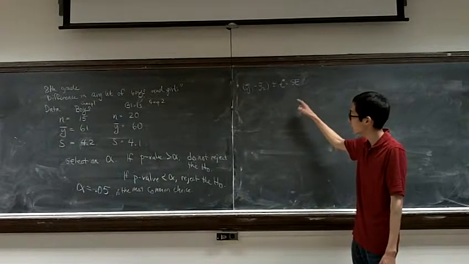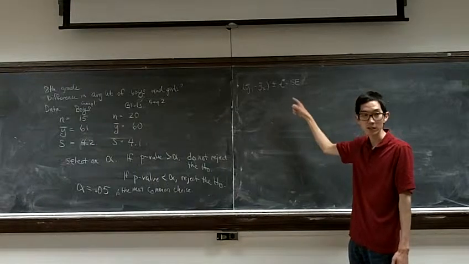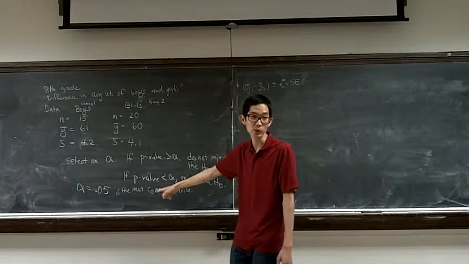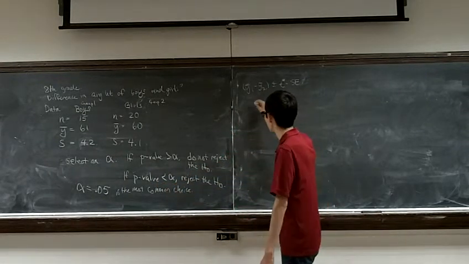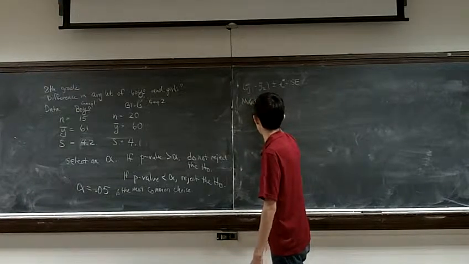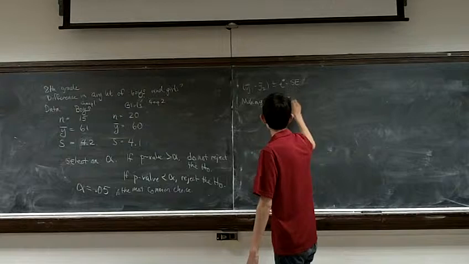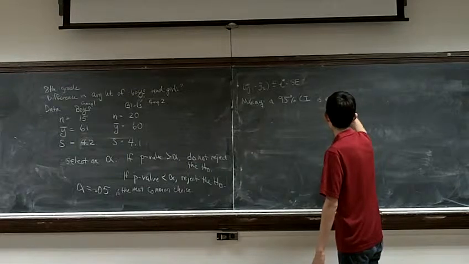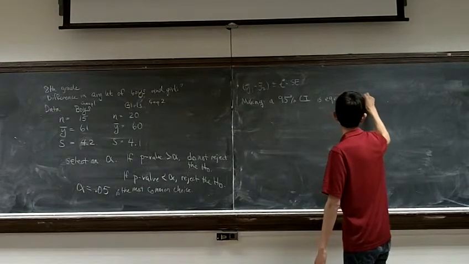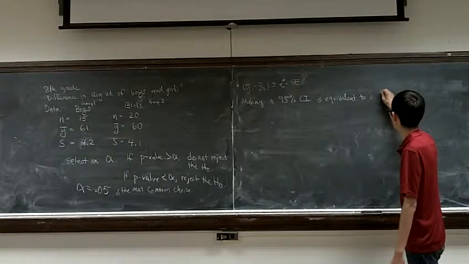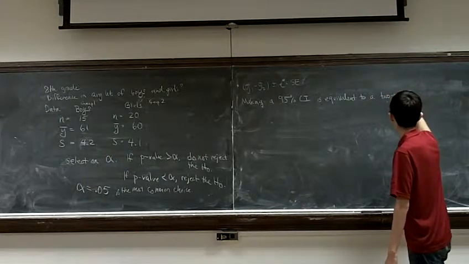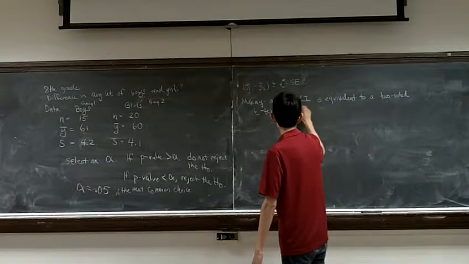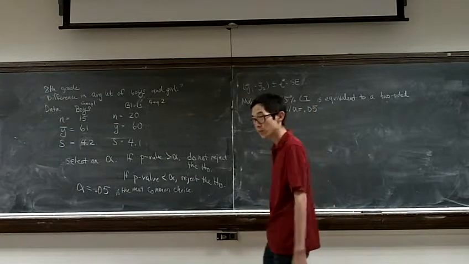It turns out that a 95% confidence interval is equivalent to performing a two-sided t-test with alpha equal to 0.05. So making a 95% confidence interval is equivalent to a two-sided t-test with alpha equal to 0.05.